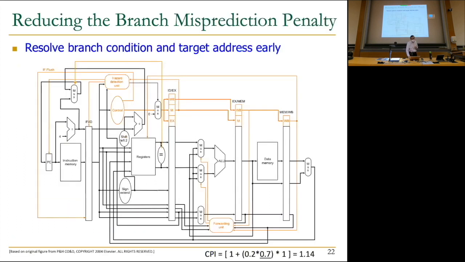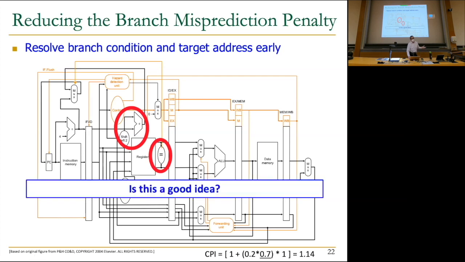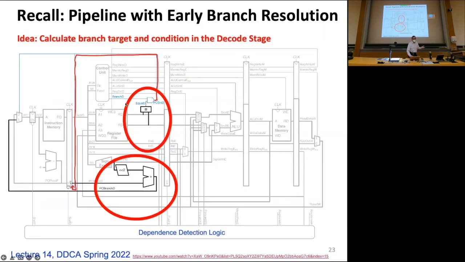And we've seen an example of this before, actually. In the pipeline that we have seen in lecture 14, we resolved the branch condition and target address early, right? If you remember, we actually replicated the adder and equality checker over here so that we can compute the target address and the condition for BEQ in MIPS. And we discussed if it's a good idea. And this is another example that we see.